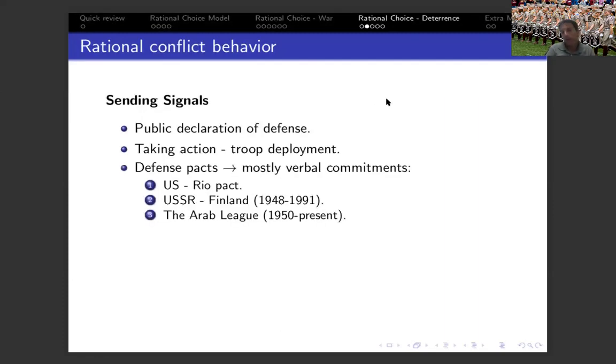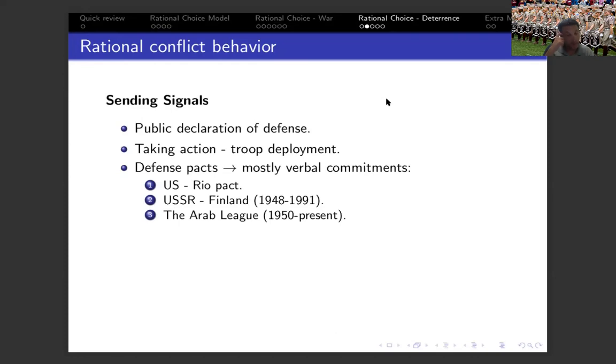They argue, and they show a couple of examples that I have here, that the vast majority of defense pacts or defense commitments signed over the last 60 years have very few signals of commitment beyond a verbal promise. So it's mostly a verbal commitment. A lot of the agreements signed by the United States include mostly a verbal commitment, and almost none of them have troops stationed.